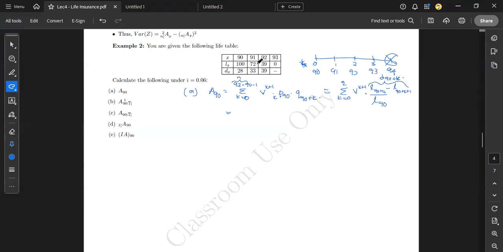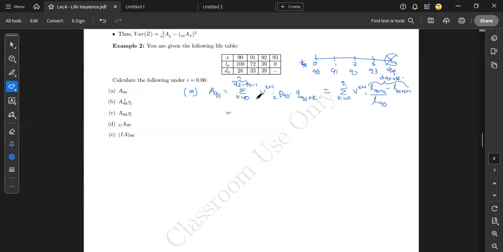Subtract 39 from 72, it's 33. Subtract 0 from 39, it's 39. So that's why it's this. And now, since there are 3 terms, we divide each by L90. So the probabilities are there.